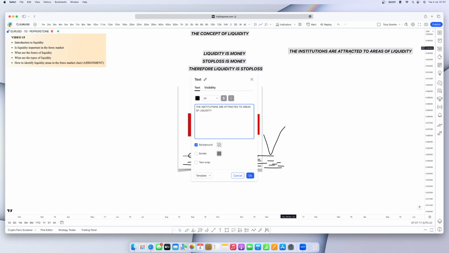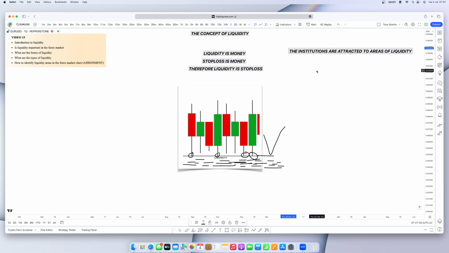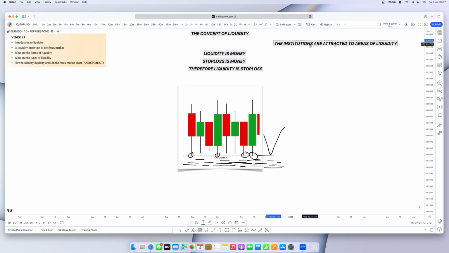They love liquidity so much. This is one major point I want you to always remember: the institutions are attracted to areas of liquidity.